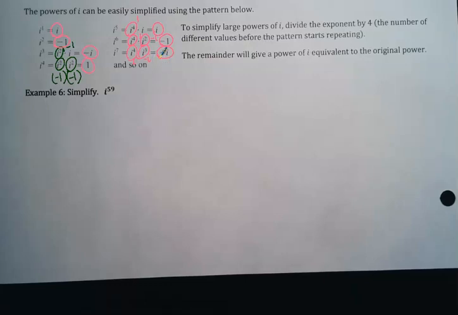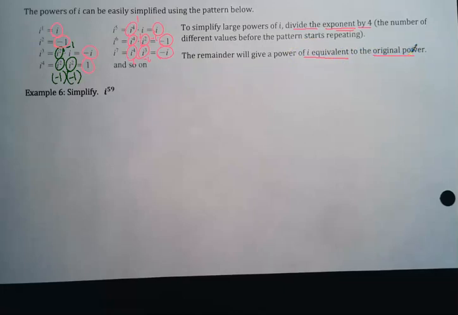So the helpful thing about this is that to simplify large powers of i, divide the exponent by 4, because that's the number that it takes to repeat. This is the number of different values before the pattern starts repeating. The remainder will give a power of i equivalent to the original power.